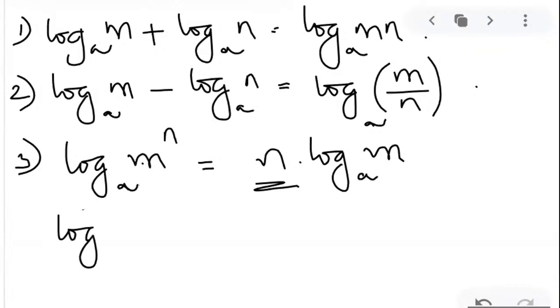Something like log 2 to the base 10, whole power 30. How much is this equal to?